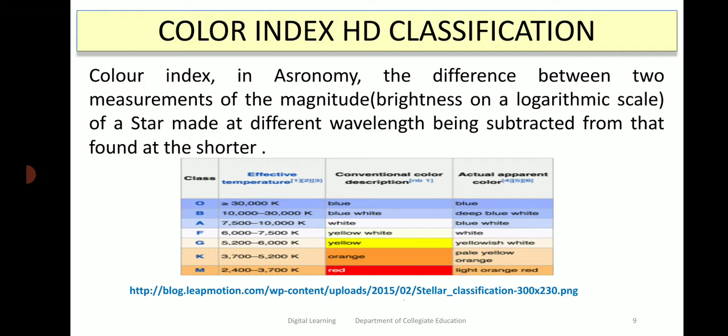Similarly for class B, the effective temperature ranges from 10,000 Kelvin to 30,000 Kelvin, the conventional color description is blue white, and the actual apparent color is deep blue white. Similarly for the other classes, their effective temperature, conventional color description, and actual apparent color are shown in the table.